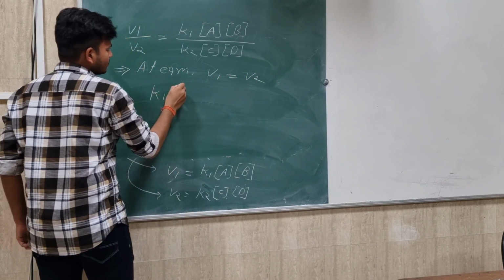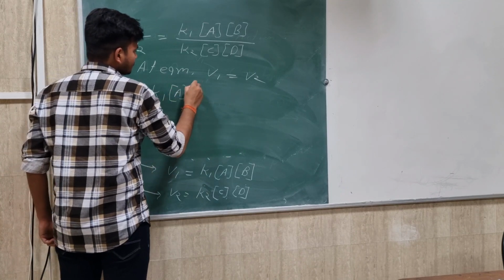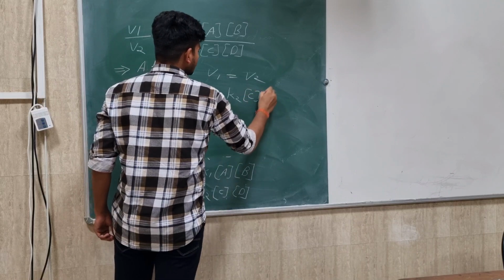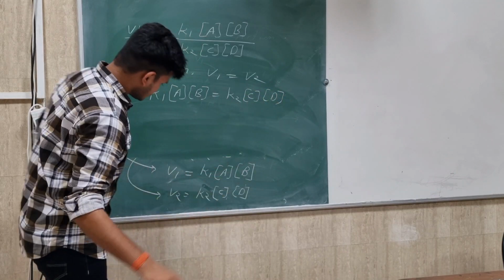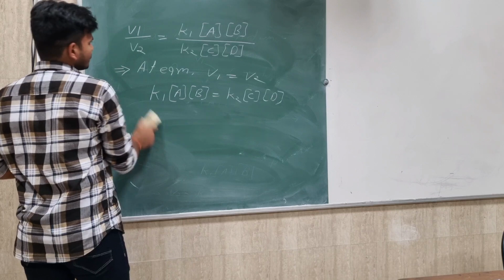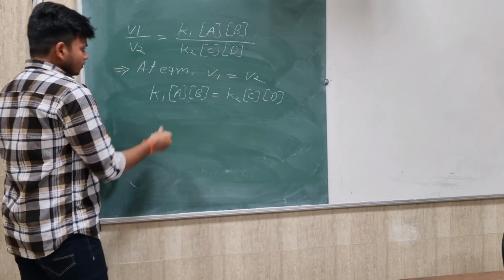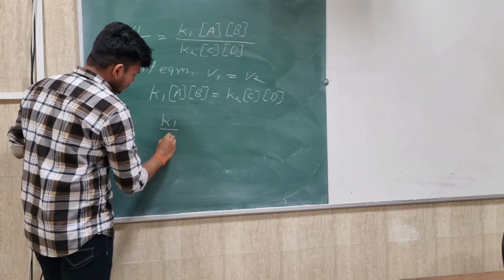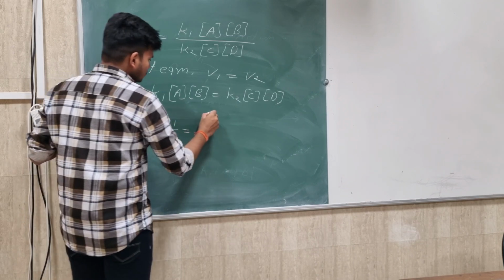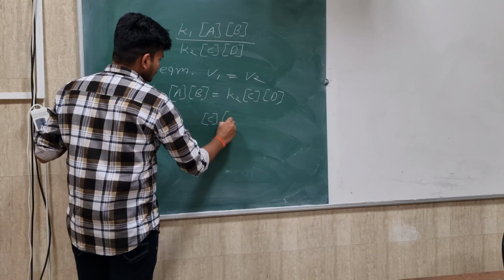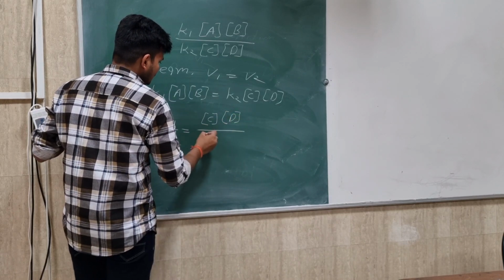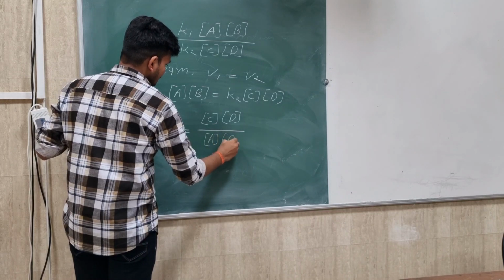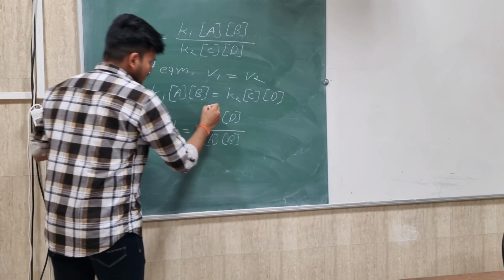That means K1 concentration of A concentration of B is equal to K2 concentration of C concentration of D. Then we can say K1 by K2 is equal to concentration of C concentration of D divided by concentration of A concentration of B. That's it.